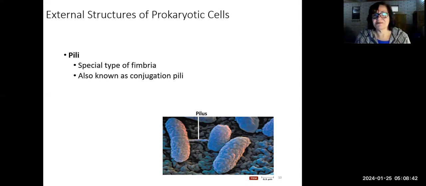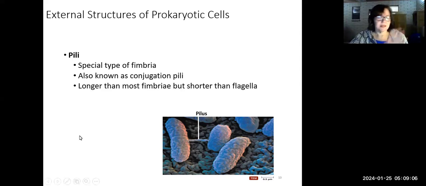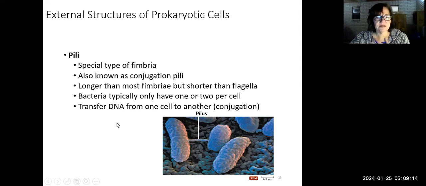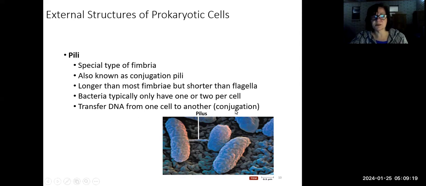So if you and your friend could pass genetic information that would help you navigate your environment. It's amazing. We'll talk about this later, but this is how, for example, antibiotic resistance can spread in a population of bacteria within a hospital. It's amazing. They typically have one or two per cell. It's not a huge number of these pilus. So this is the function, to transfer DNA from one cell to another during this process of conjugation.